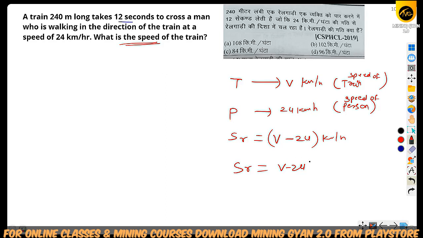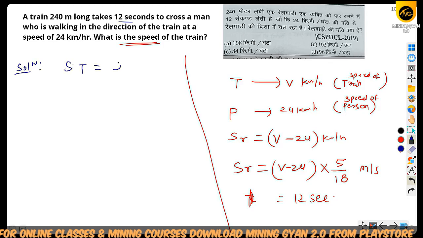The time duration is in seconds, so you have to convert kilometers per hour into meters per second. Just multiply by 5 divided by 18. Now the time duration is 12 seconds. S times T is equal to length.